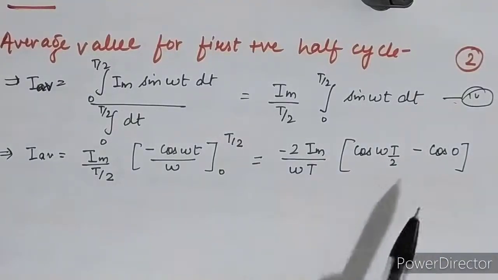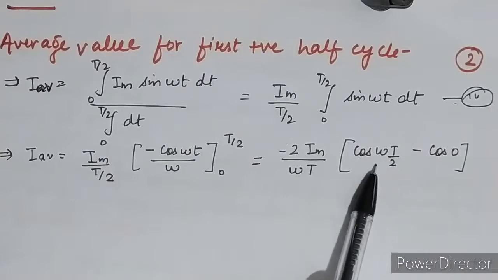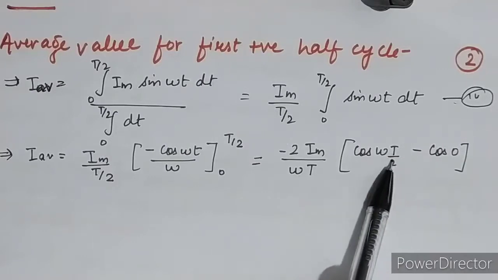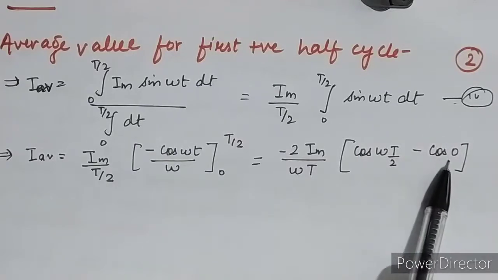Now omega means 2 pi by T. So 2 and 2, T and T cancel out, cos pi is there, and here it will be minus of cos 0.